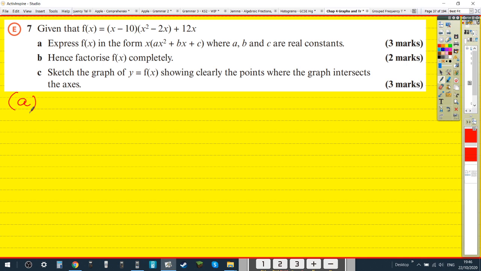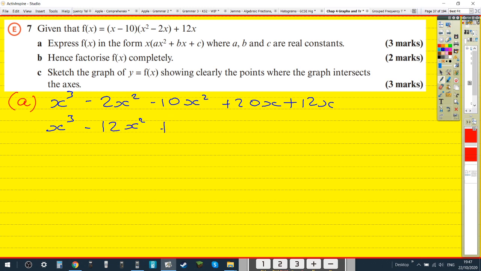So it'd be x cubed minus 2x squared minus 10x squared plus 20x plus 12x. Which would simplify down to x cubed minus 12x squared add 32x.